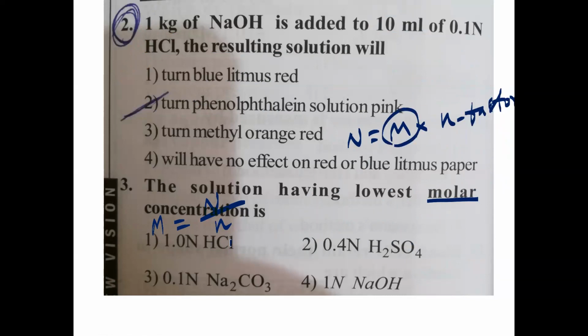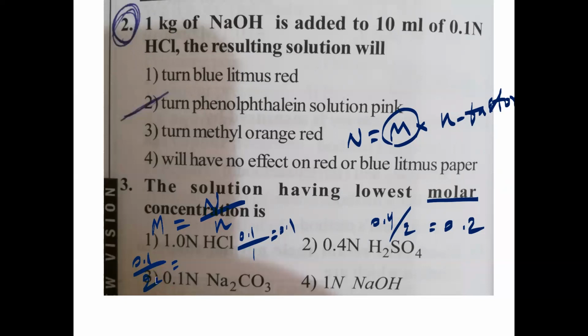Here the normality is 0.1, and the n factor is 1, so it is 0.1 only. In this case, the normality is 0.4 and the n factor is 2, so it is 0.2. And here the normality is 0.1 and the n factor is 2. So it is very small here, 1 by 20.